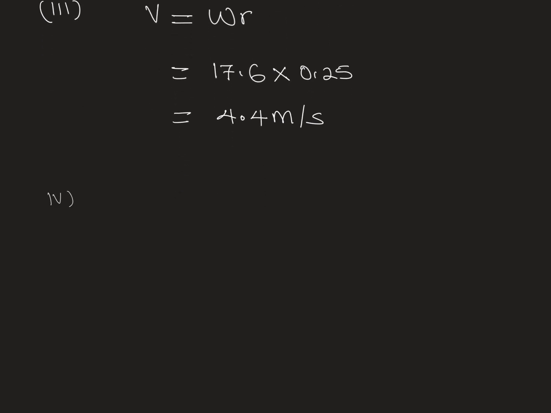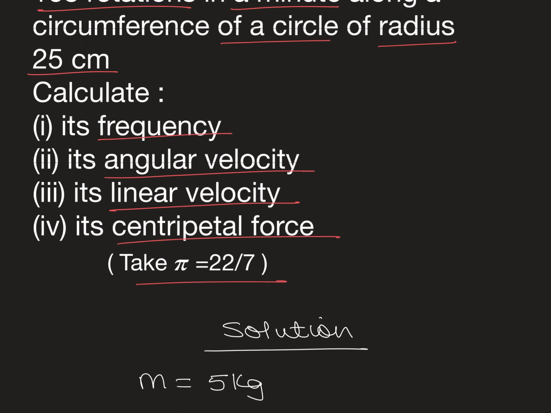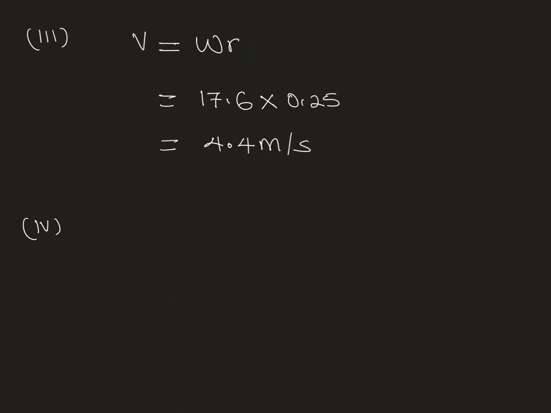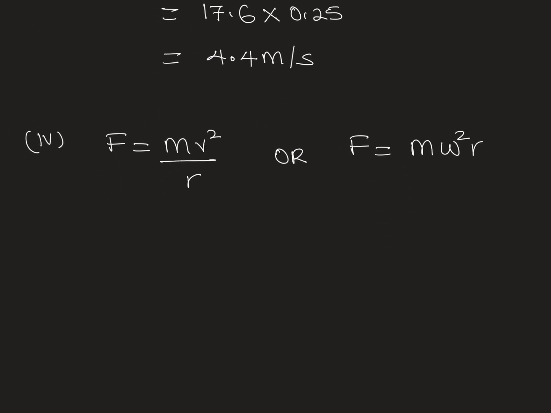The fourth question is asking us to find the centripetal force. We can use F is equal to mv square over r, or F is equal to m omega square r. Any of them will work.